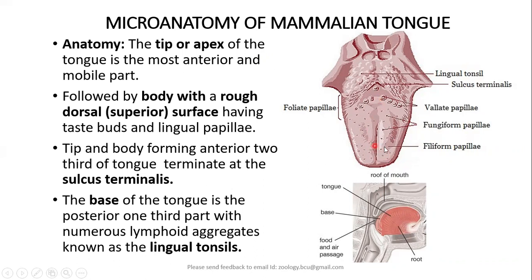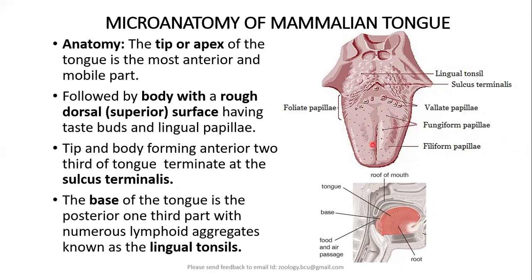It is followed by a body. The body of the tongue is rough on its dorsal surface and relatively smooth on the ventral surface. On the dorsal surface, we find different types of papillae. That is why it is rough.